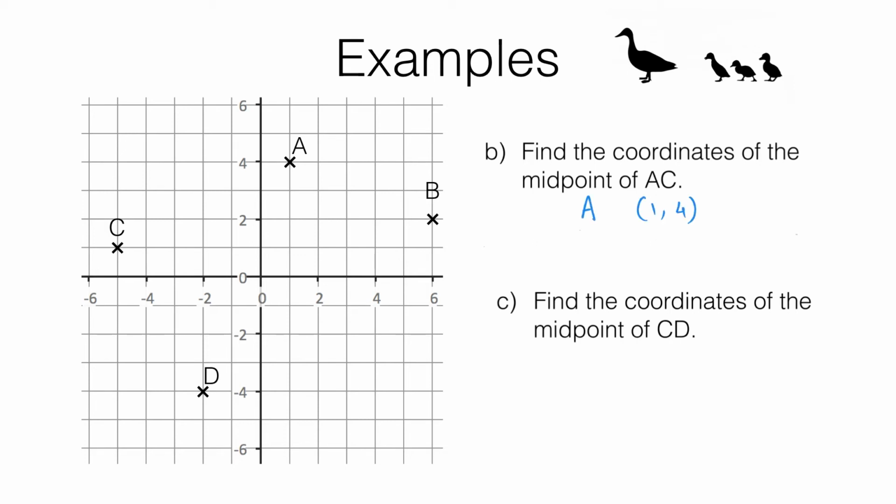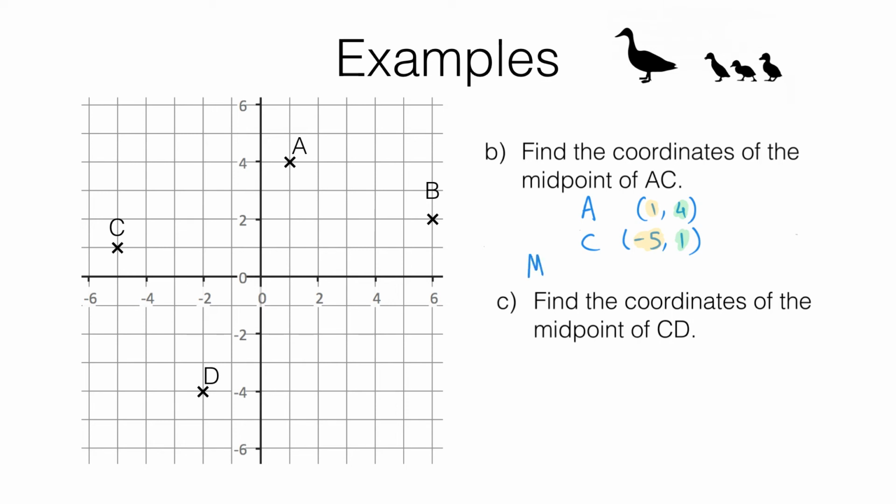The coordinates of C are (-5, 1). Now, the midpoint will have an x coordinate that is the mean of these x coordinates here, and the y coordinate will be the mean of these y coordinates here. Pause the video and see if you can work out the midpoint of AC.